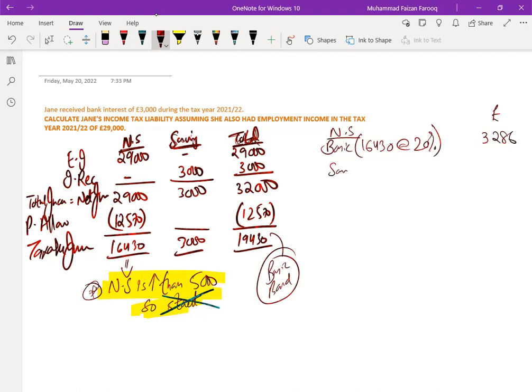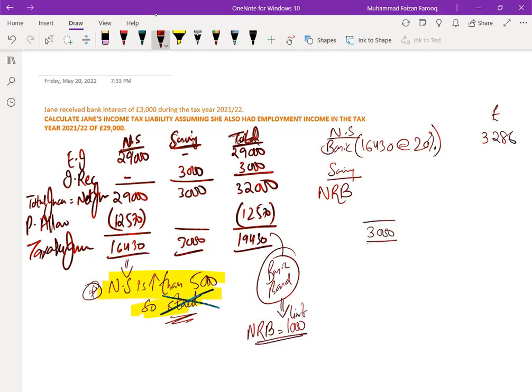Savings. Will we have a start band or not? No. We will start this one with the nil rate band only, and the nil rate band limit depends on status. This guy's status is basic band taxpayer, which means the nil rate band limit will be restricted to a maximum cap of 1,000.